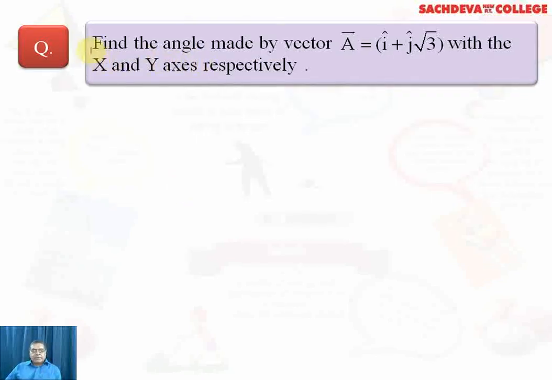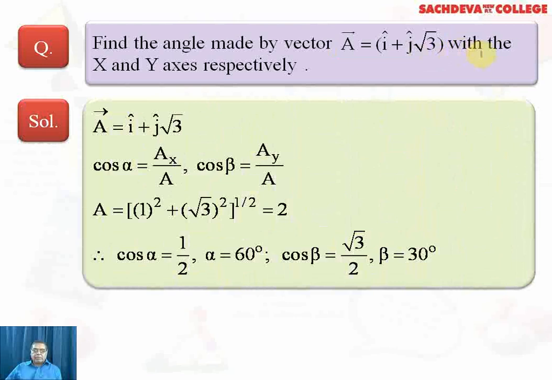Now our next question is, we have to find the angle made by vector A with the x and y axes. Vector A is a single vector, with i and j the unit vectors along the x-axis and y-axis. To solve this question, we assume that vector A is equal to i plus j root 3.